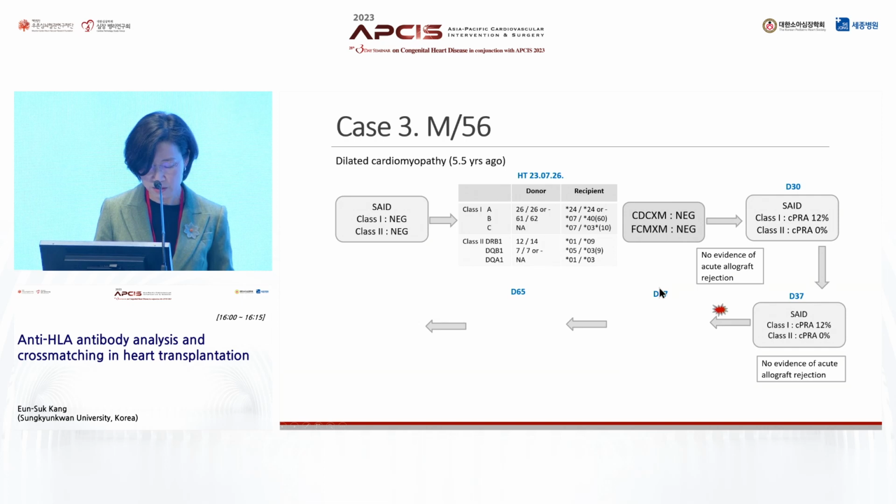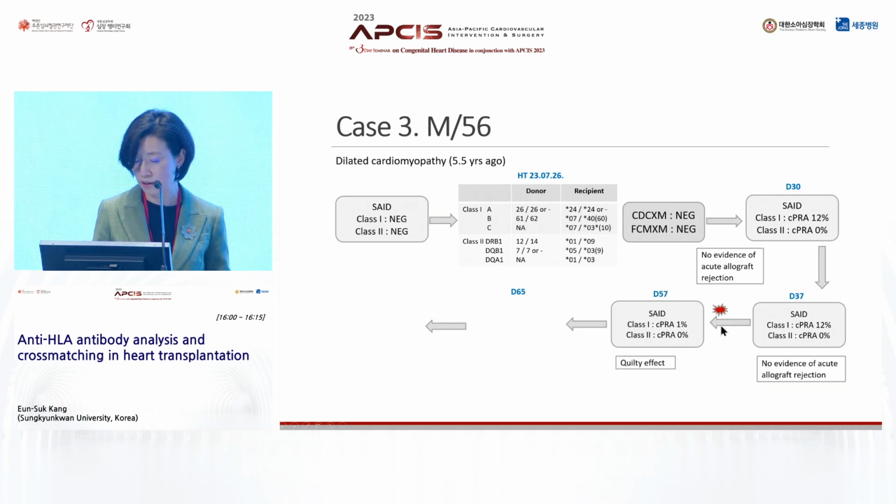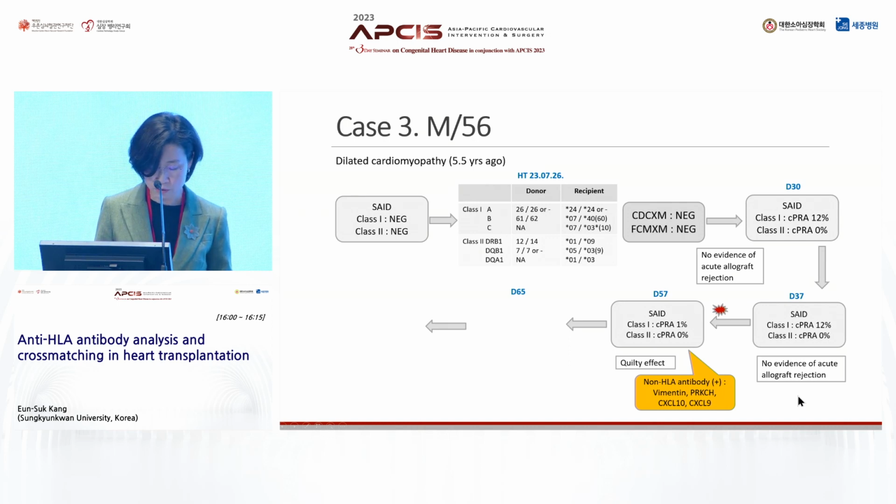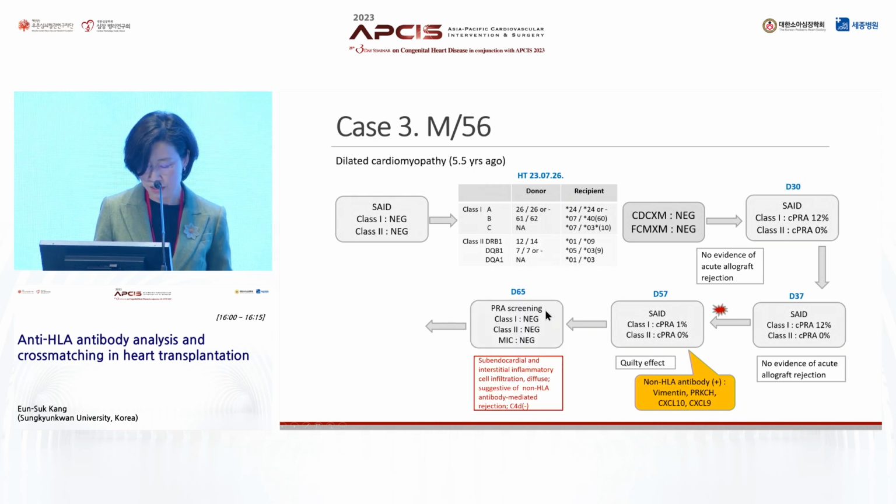However, the patient's condition needed to exclude immune rejection at around day 50, so we decided to conduct a non-HLA autoantibody test. Antibodies to multiple autoantigens, including vimentin, were detected. And almost at the same time, the pathology findings suggested non-HLA antibody-mediated rejection.